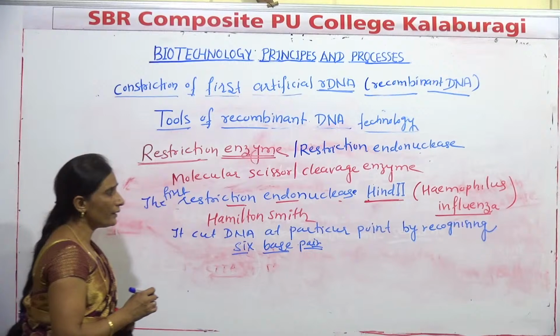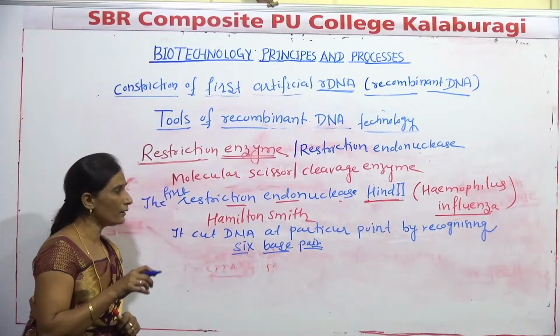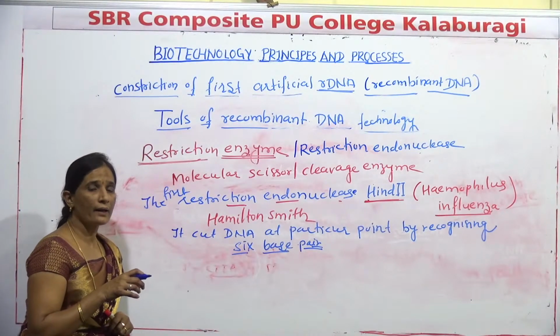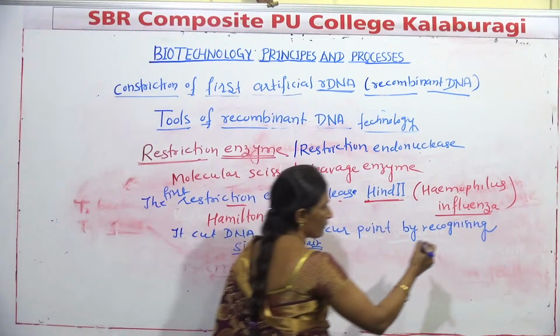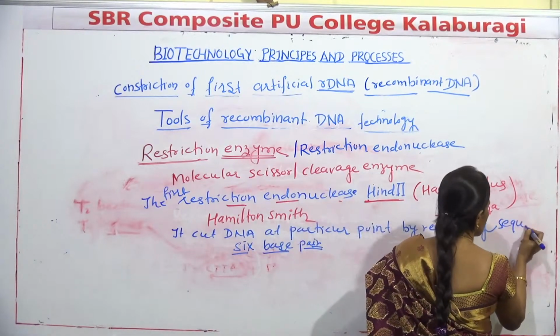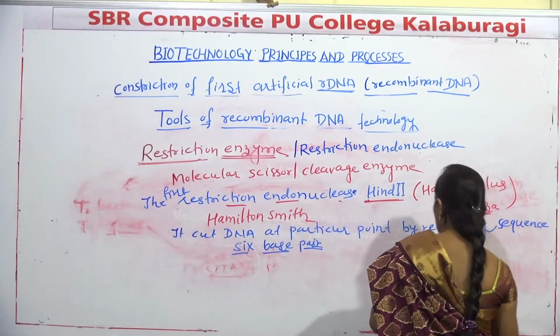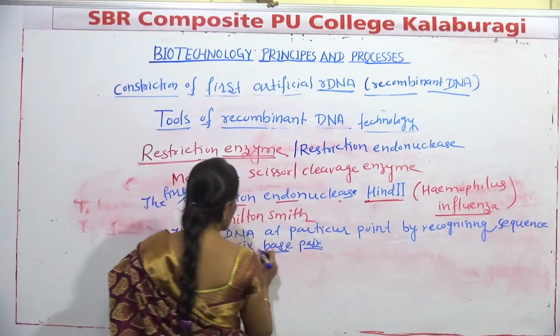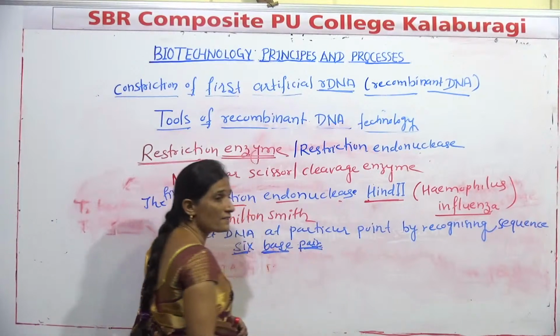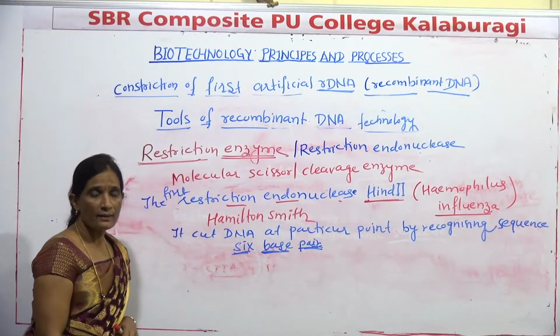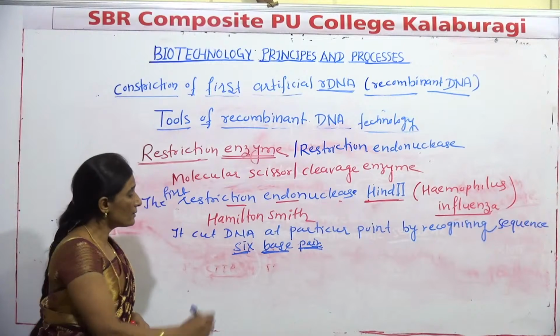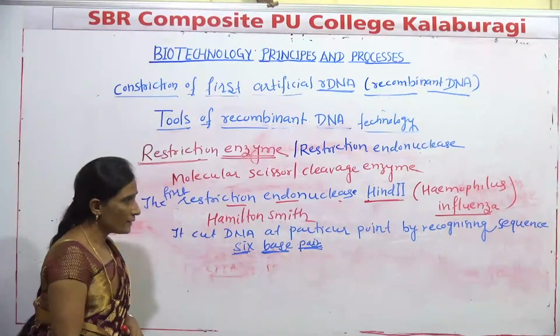HindII cuts DNA at a particular point by recognizing a sequence of 6 base pairs. Is it clear?